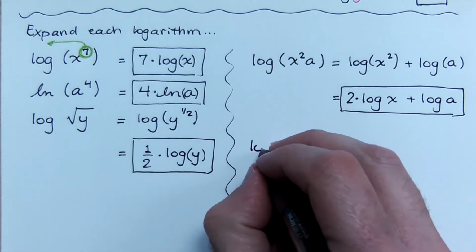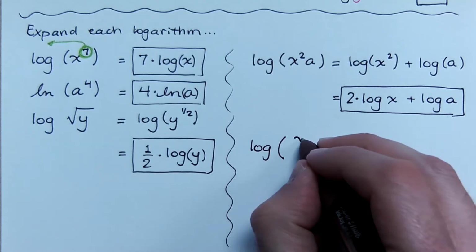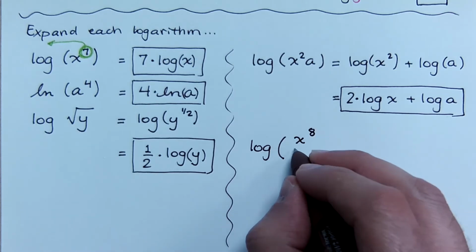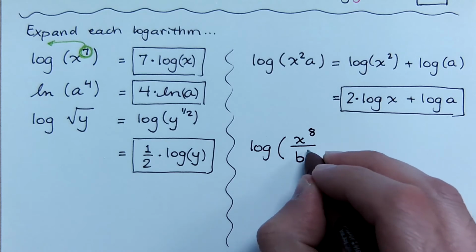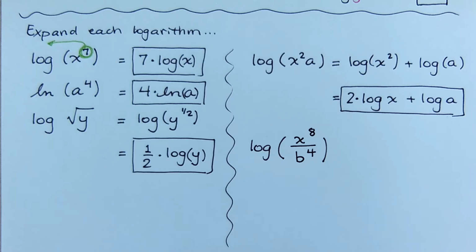Okay, so what if I say expand log of x to the 8th over b to the 4th? What do we do in terms of expanding when we have a division, a quotient inside the logarithm? How do I rewrite that?